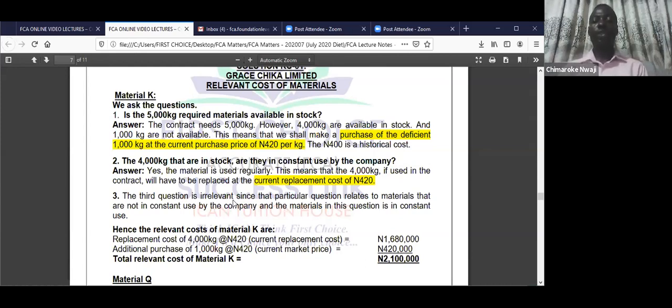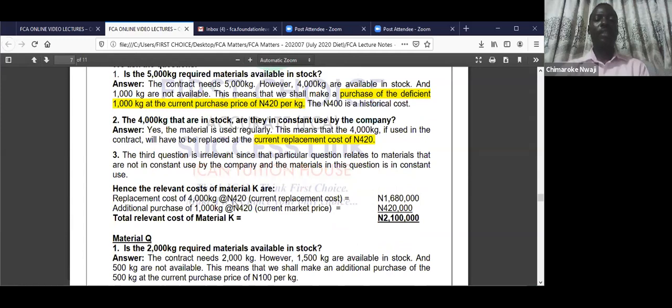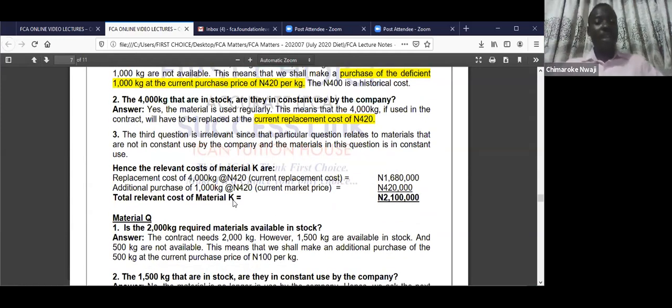If no, you go to the next question. But we don't go to the next question because, as this question tells us, the 4,000 units are in constant use. So look at the relevant cost here. The relevant cost of material K is the replacement cost of 4,000 units.